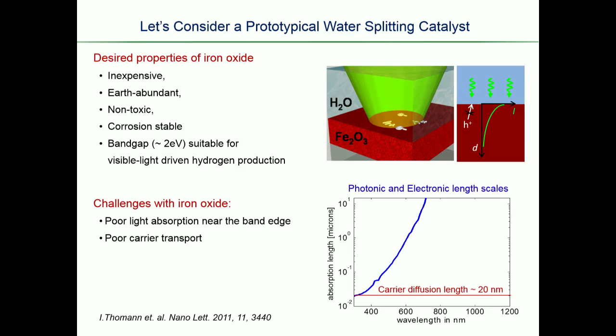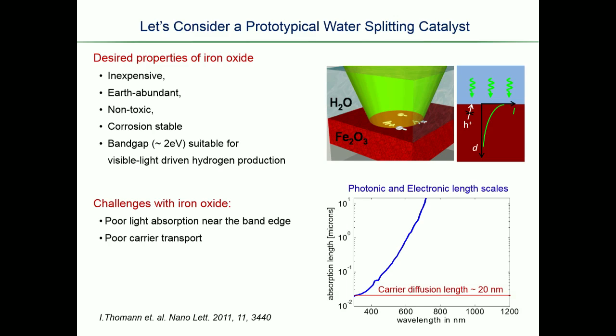And to illustrate how that might work, I have a simple schematic here of a chunk of rust, water on top. I want to drive an oxygen evolution, water splitting reaction, where I come in with light, generate electron hole pairs in the rust. Inside the rust, the generated holes need to make it to the rust-water interface where they can drive the oxygen evolution reaction.